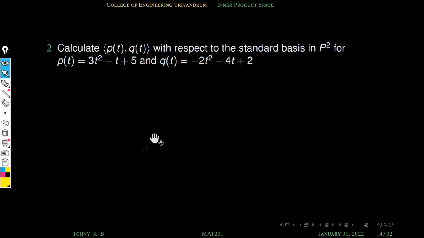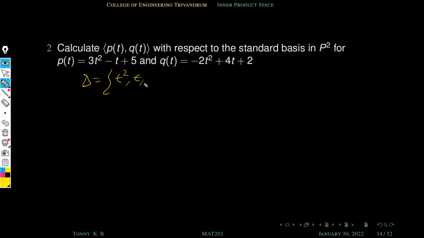Next one: calculate the inner product between p of t and q of t with respect to the standard basis in P2, for p of t equal to 3t square minus t plus 5 and q of t equal to minus 2t square plus 4t plus 2. First we have to find the coordinates of p of t and q of t, then take the Euclidean inner product. What is the standard basis for P2?